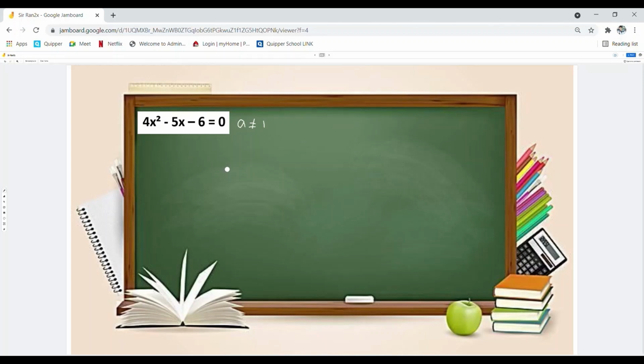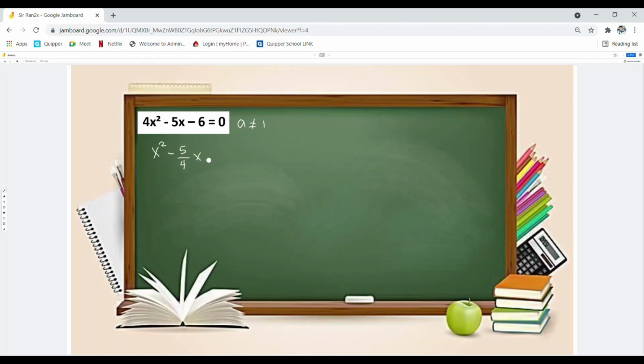First, you are going to divide all terms by a. A here is 4. What you do first is divide all terms by 4. So if you divide that by 4, you will have now x squared minus 5 over 4x.